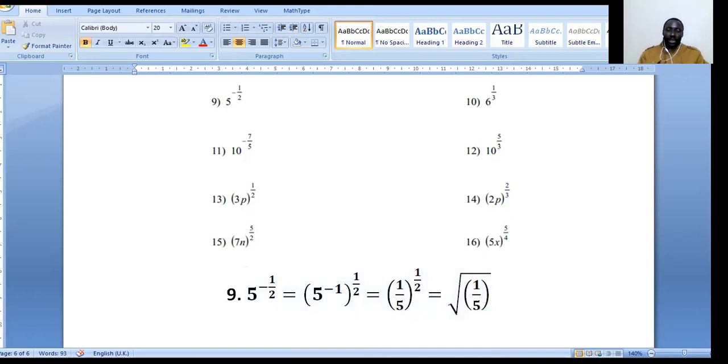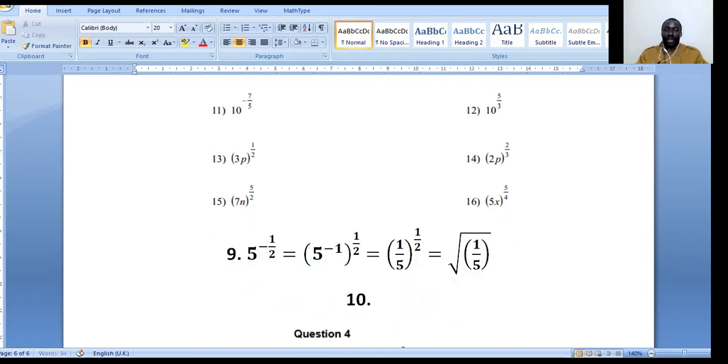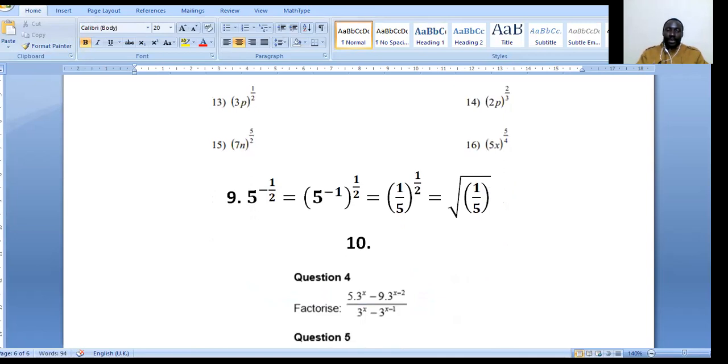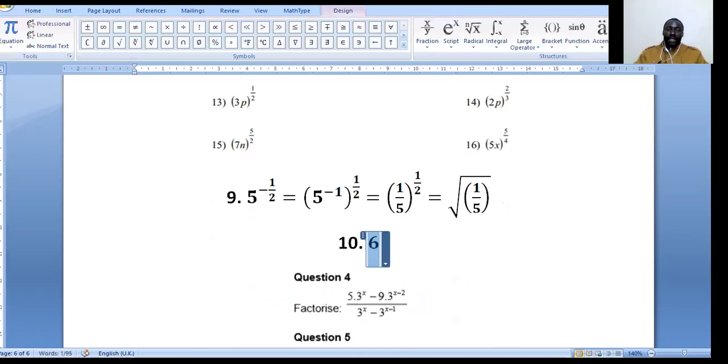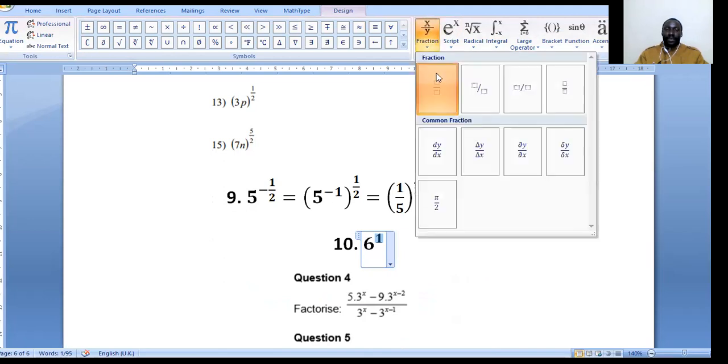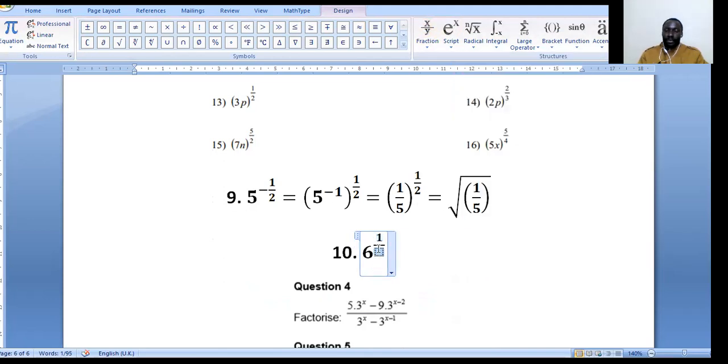The next question is question 10. Question 10 is 6 raised to power 1/3.